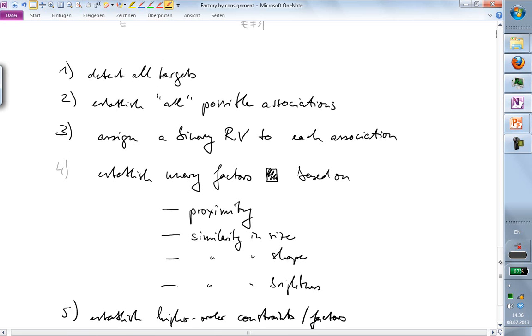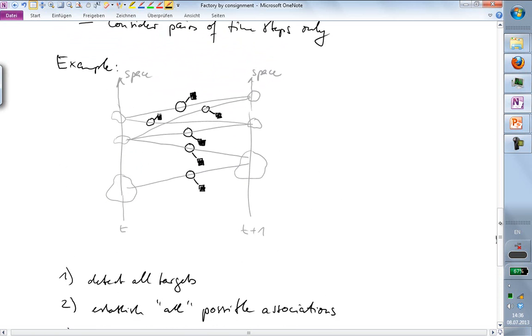Can you make a suggestion what would be good higher order factors? Excellent. Yeah, so we would have a factor that connects all random variables starting from the same object or ending at the same object. So let's say I would have a factor, I hope you can see that, a green factor connecting these two.